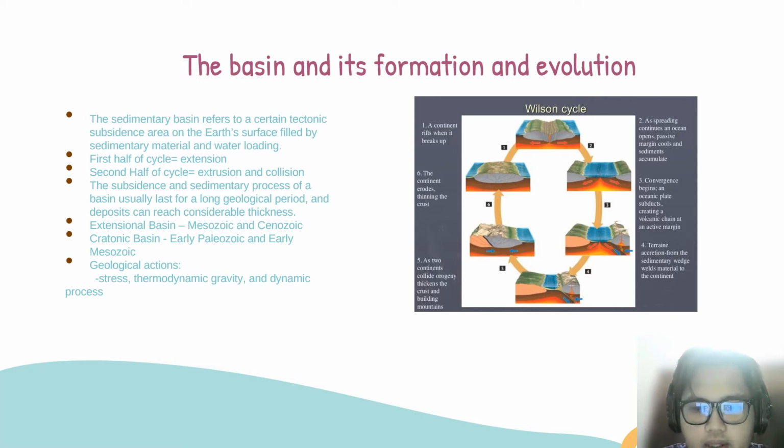The cratonic basin is widely distributed all over the world and developed mainly in the early Paleozoic and early Mesozoic. The formation and evolution of a basin generally experience many geological actions such as thermodynamics, gravity, stress, and dynamic processes.